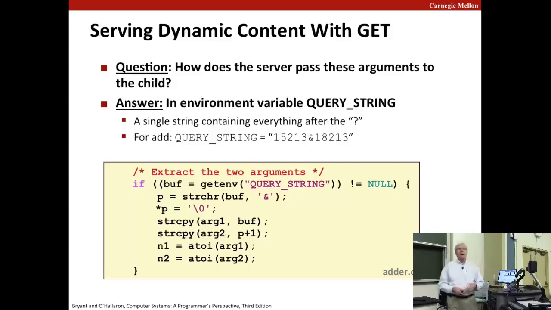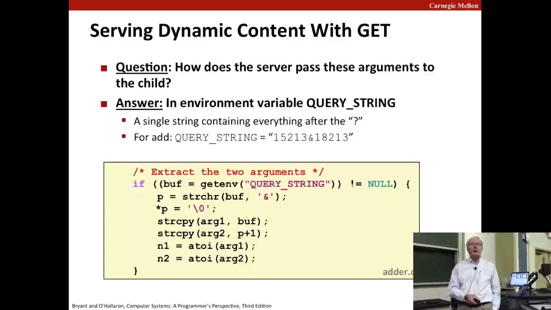So the first thing is, how does the server then pass the argument to the program that gets executed? Well, it's really weird. The way it does it is by creating an environment variable for your machine that's called QUERY_STRING. And so the server defines that environment variable. And then the job on the CGI side of the script is to then retrieve that environment variable as a way of getting the string.